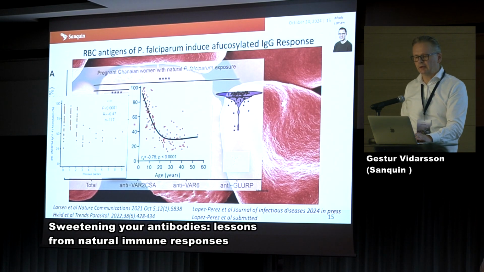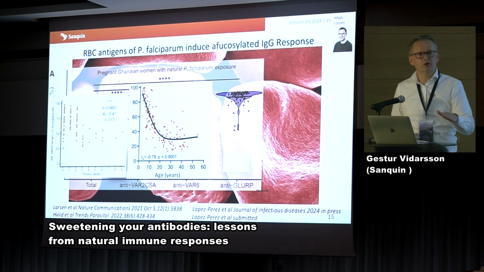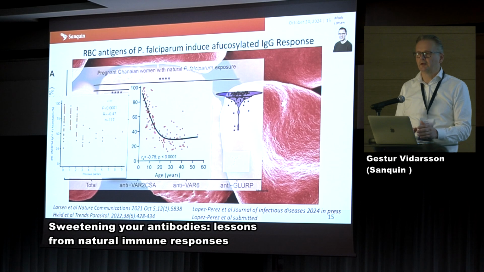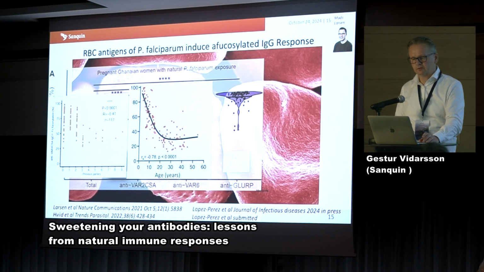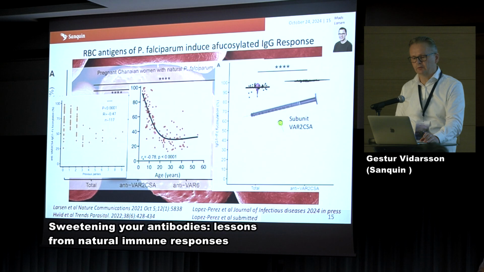And for the antigens you see from birth on, the fucosylation level really drops with age, also a correlate of the number of infections in this region. So it looks like, at least for malaria pathogens, the more infections you go through, the stronger the afucosylation response you make.